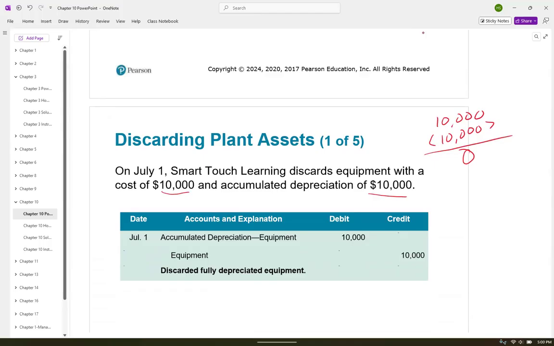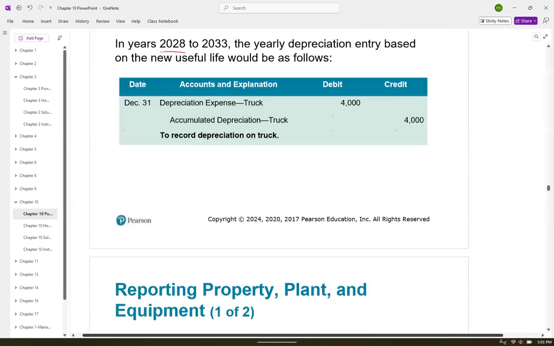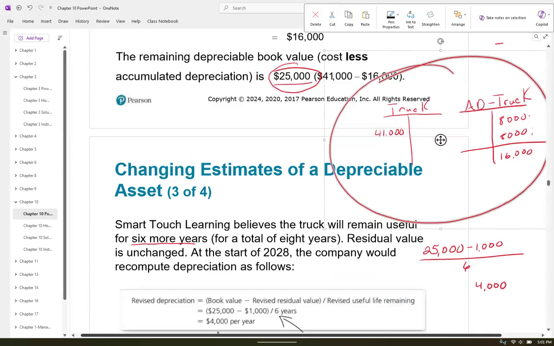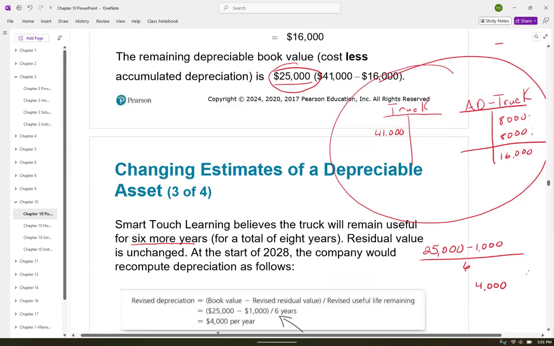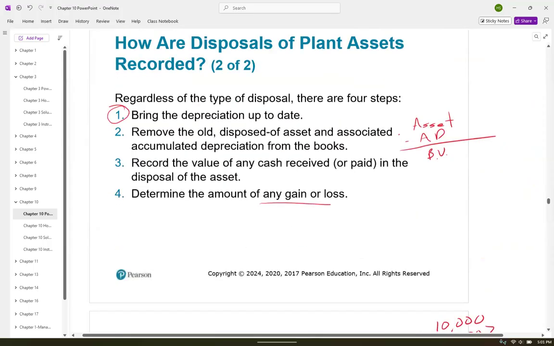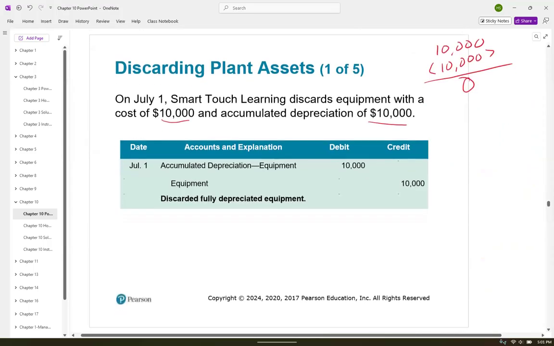We're making this go away. Truck has a normal debit balance. The accumulated depreciation has a normal credit balance. So we're going to zero out those two accounts and get rid of them. This is the easiest one possible because we don't have any other accounts to deal with.